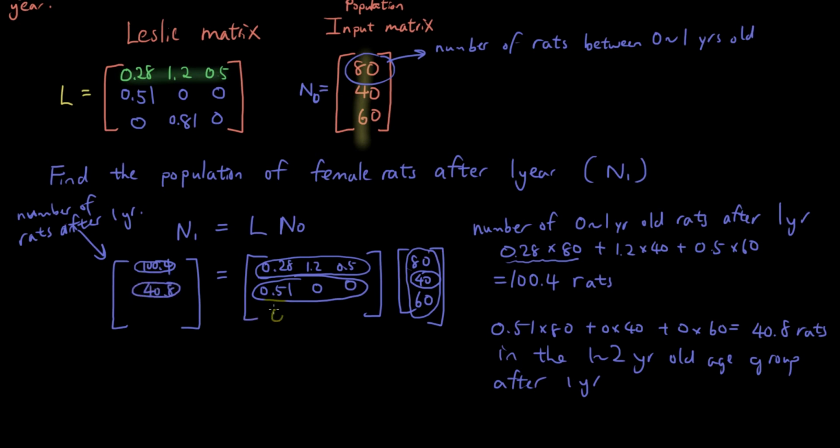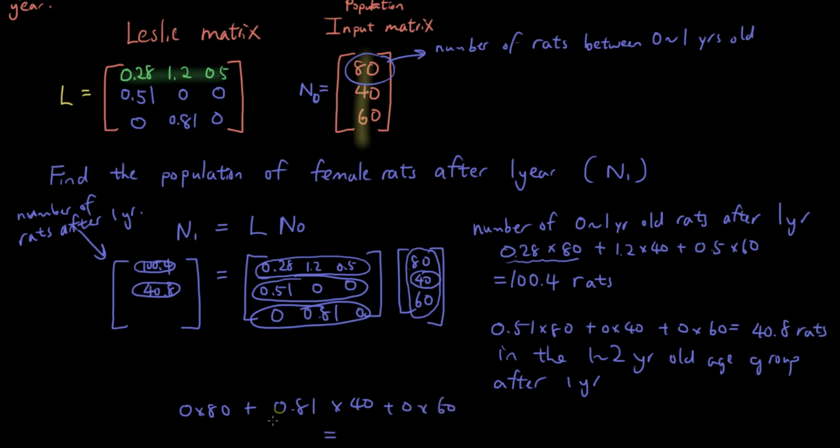And then again, the reason why we put 0.81 in the third row, second column, is because when we multiply the third row by the first column, we will get 0 times 80 plus 0.81 times 40 plus 0 times 60.